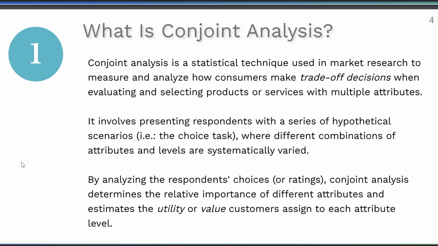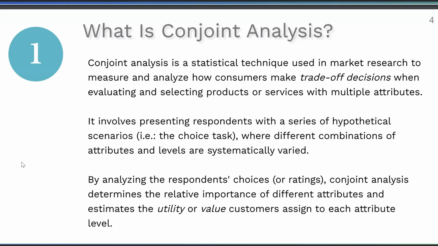And most products and services have multiple attributes. Even if I take something as simple as a bottle of water, all of a sudden the bottle of water can have minerals, it cannot have minerals. It's by this brand or that brand. So most products really have multiple attributes. So conjoint analysis is really good for those kinds of decision making.